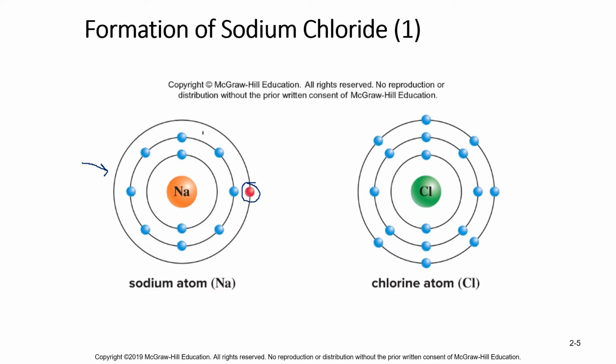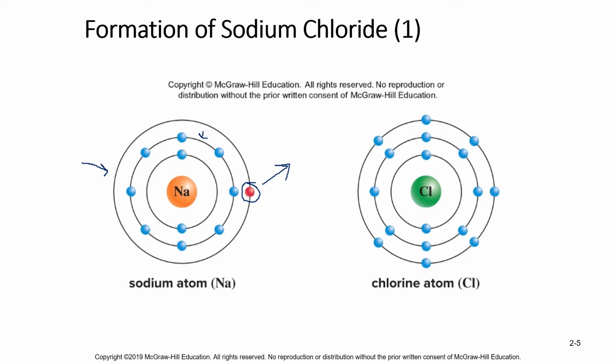However, if you look underneath its valence shell, there is a complete electron shell under there. What it actually needs to do, which is a little bit easier, is get rid of that 1 lonely electron, and then it will have a complete valence shell underneath.